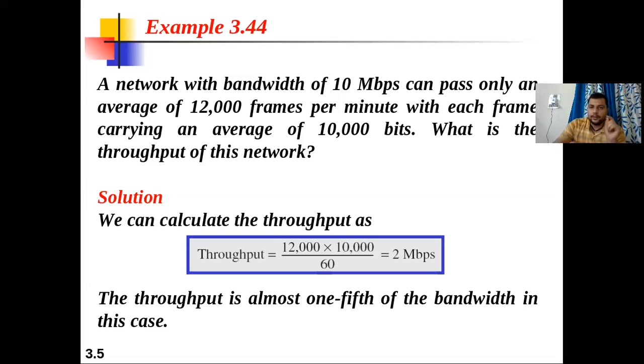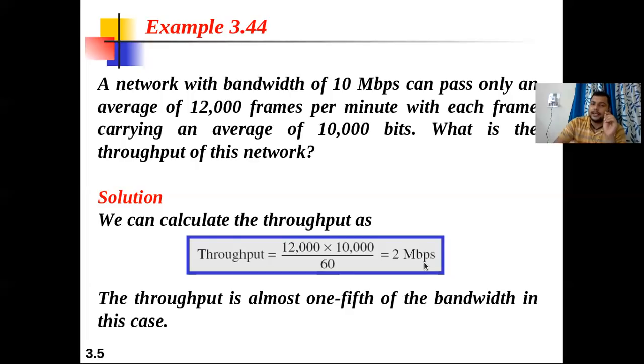So here, when we start calculating the throughput, how will we calculate? There are 12,000 frames we are generating in 1 minute, and each frame comprises 10,000 bits. So 12,000 into 10,000, these many bits we are sending across the network to the destination in 60 seconds.